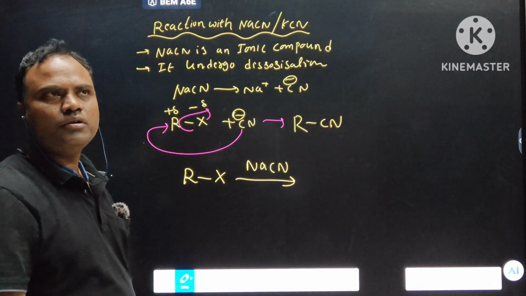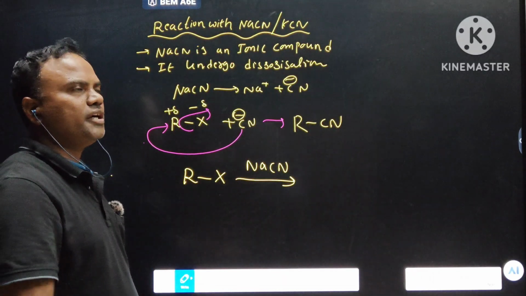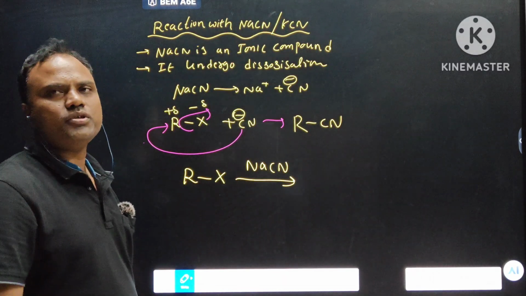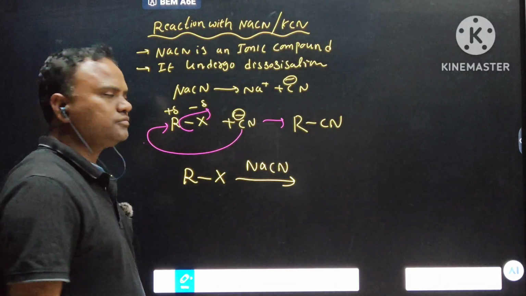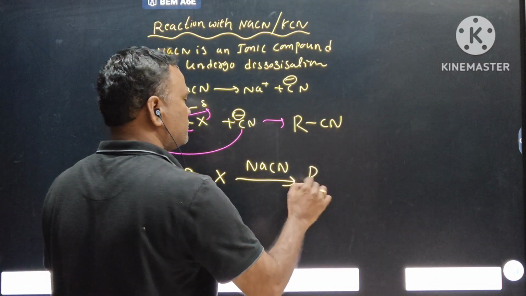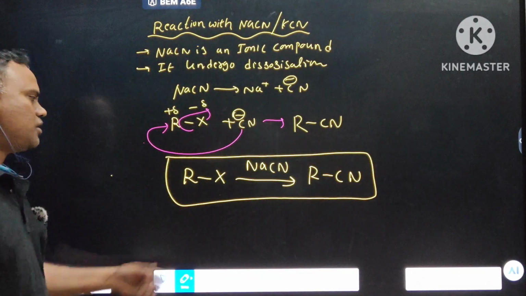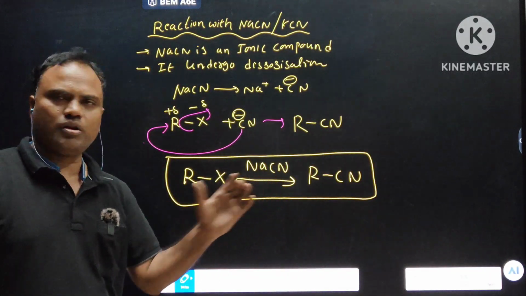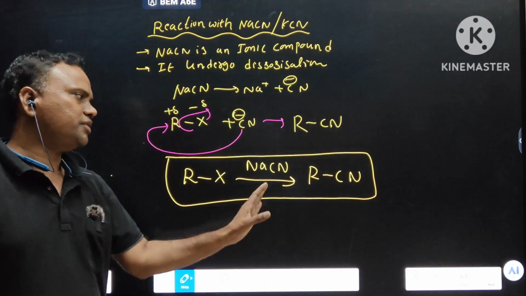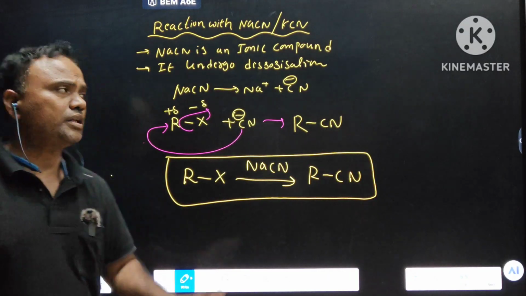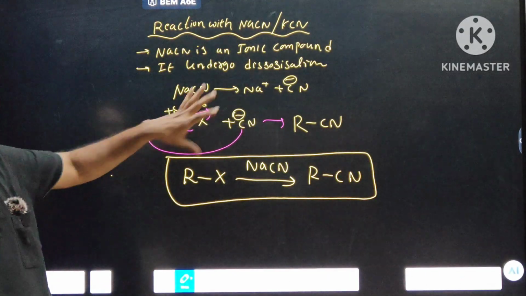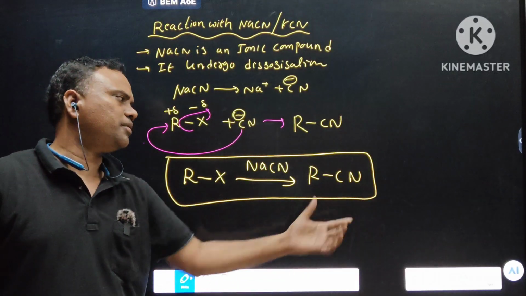We write CN, but actually that negative is on the carbon. In usage, we will write like that. Clear? See, this is the general reaction. So remember, when alkyl halide is treated with NaCN, if you get any difficulty in this explanation, at least you should remember this.